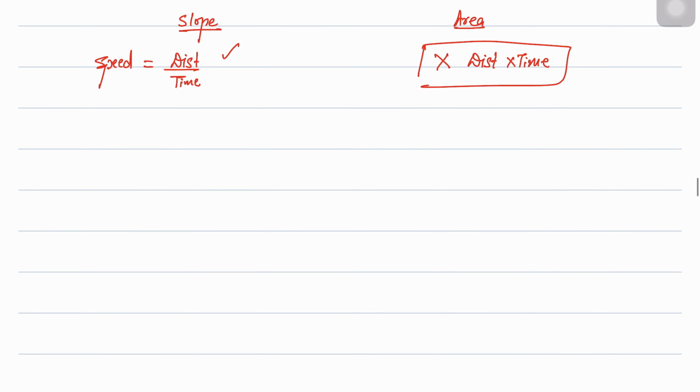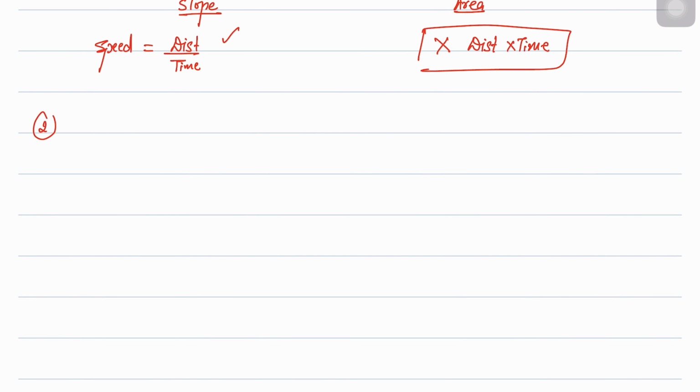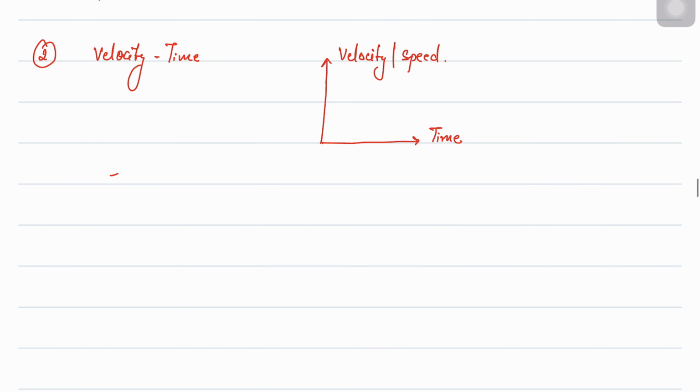Clear? The second type of graph is the velocity time graph. On one axis you have time, and on the other you have velocity or speed. Just try both things. Slope is velocity divided by time.